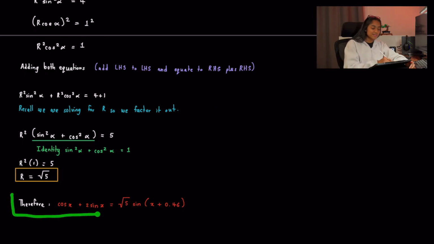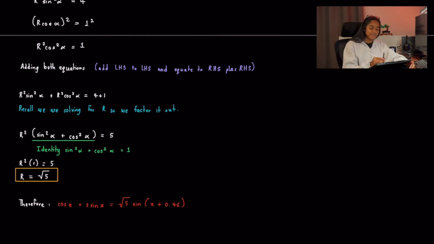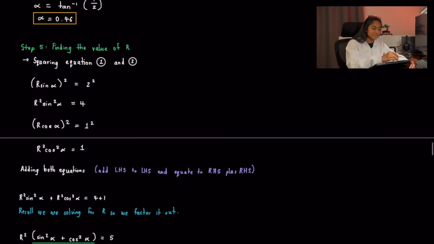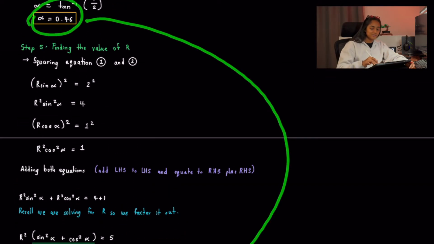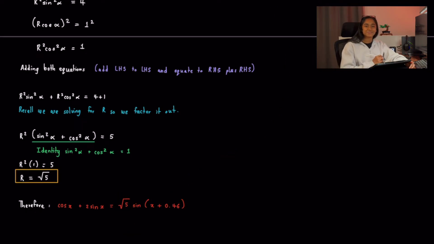So therefore, we can say that our final answer is cos x plus 2 sine x is equal to the square root of 5, which is r. And as we found above, alpha would be equal to 0.46. Okay, so that would be part 1 of 2019.